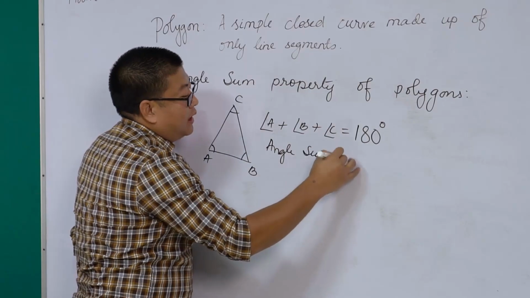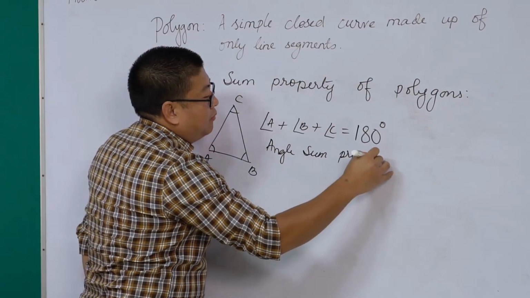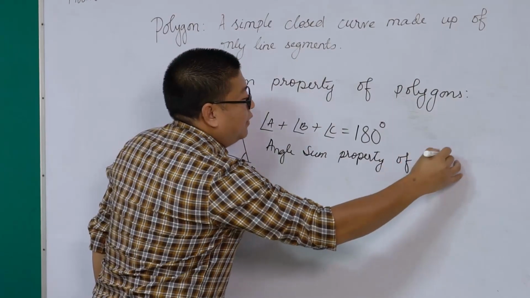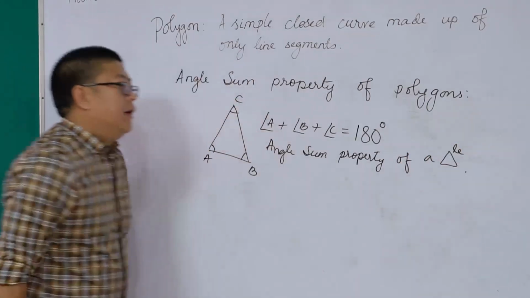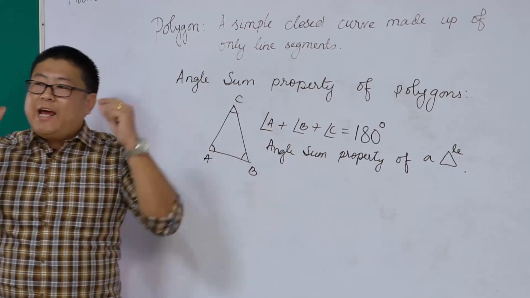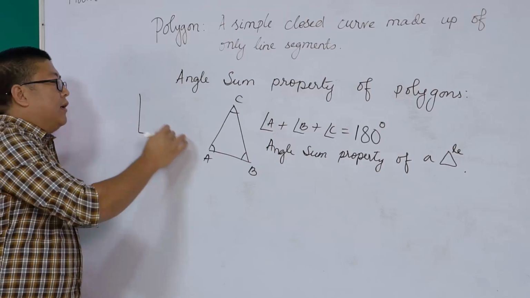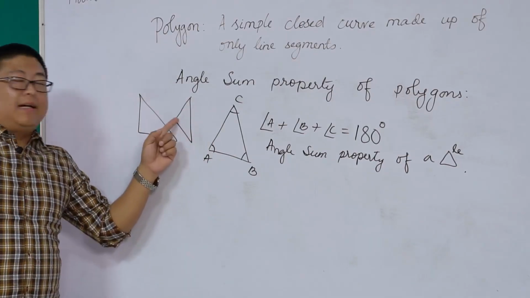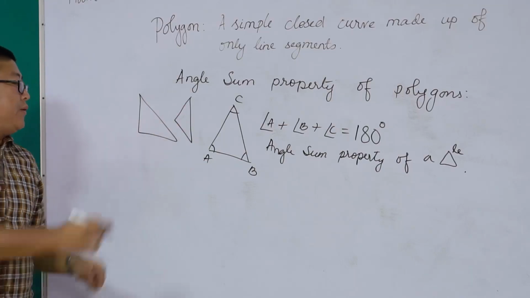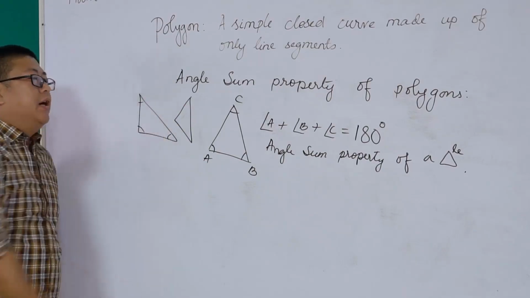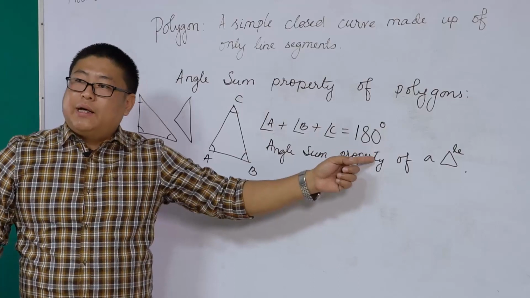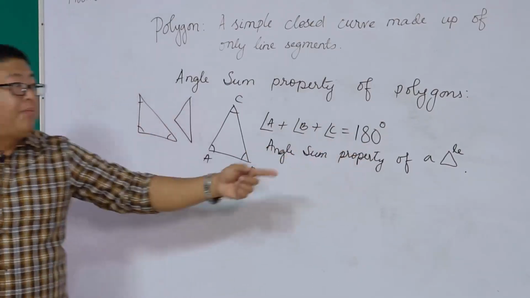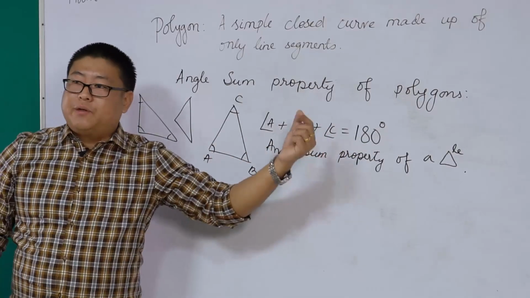Now, you take any type of triangle. When you add all the 3 interior angles, you will definitely get 180, no matter what. So, this is the angle sum property of a triangle.